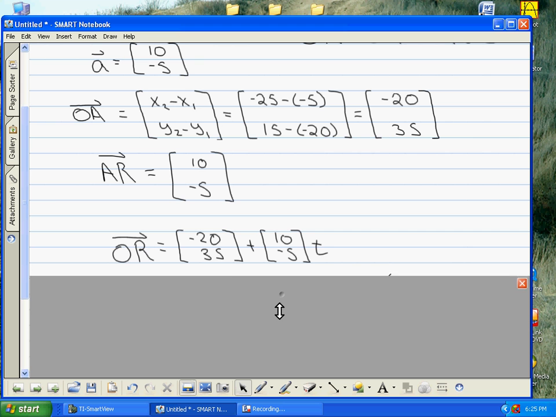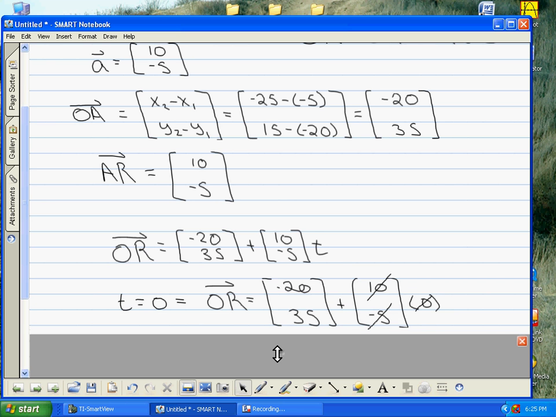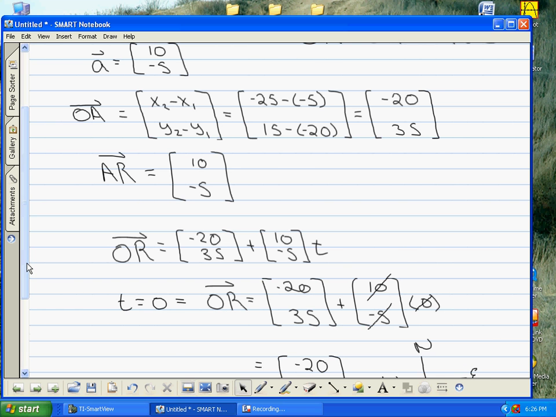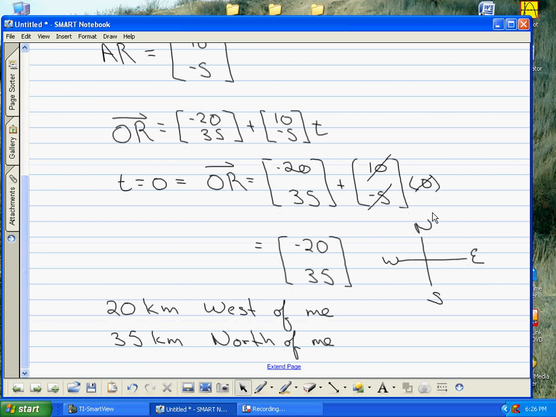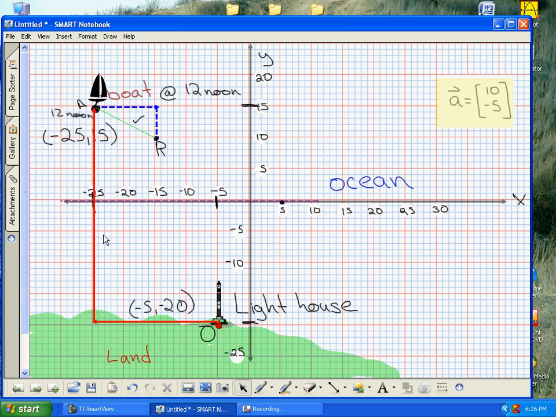Now, if t is 0, that means that this vector right here is going to cancel out. 0 times this is 0, and that just leaves me with OR is equal to negative 20, 35. That means that at the initial time 0, the boat was 20 kilometers west of me, 35 kilometers north of me, which is a little bit confusing because the initial point, and let me take you back to our picture, the initial point was negative 25, 5.